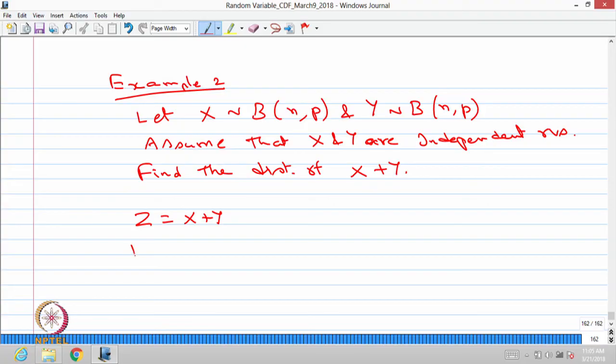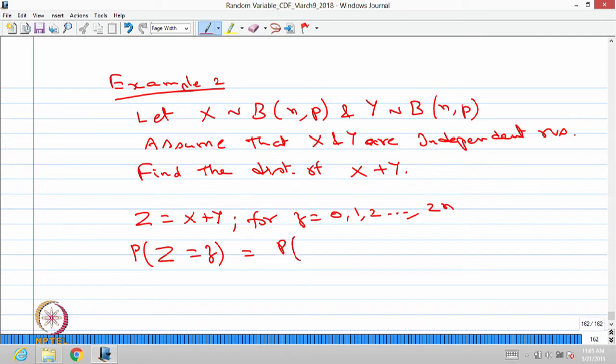So, one can find the probability mass function of the random variable z for z taking values 0, 1, 2 and so on till 2n. This probability mass function is going to be positive there, and at all other points it is going to be 0.